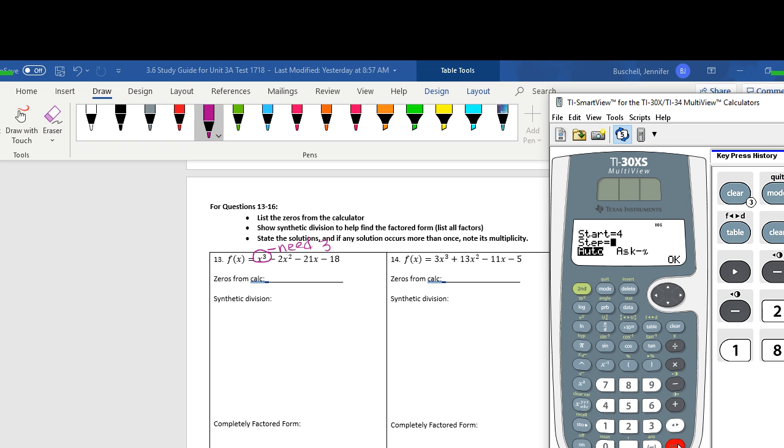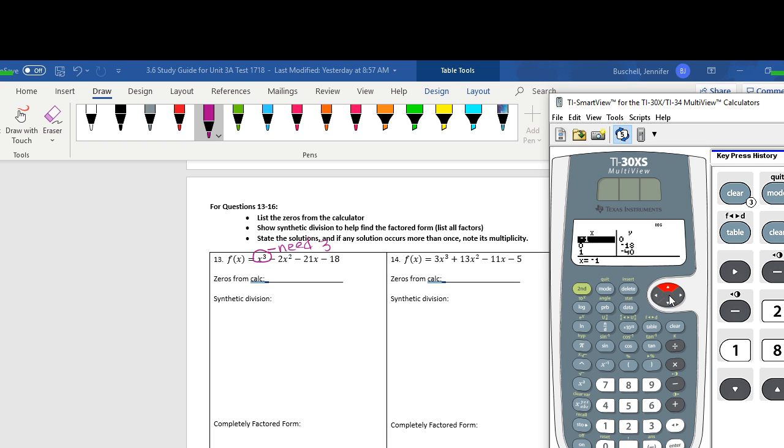I'm going to hit enter, enter, enter, enter. Again, I'm looking for all the y values that are 0, because those are my x-intercepts or my roots or my solutions. So 6 is one of my zeros.